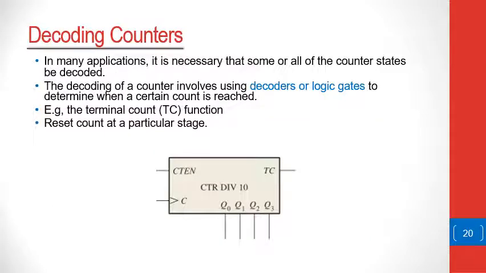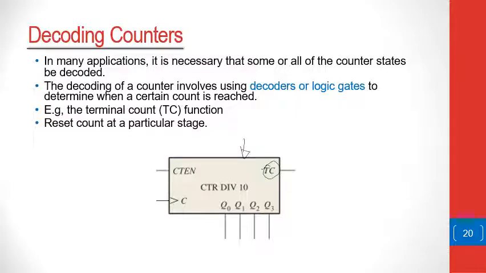So in many applications, it's sometimes necessary to decode some states of a counter. Decoding a counter can be done using a decoder, or it can be done using a logic circuit. A good example of decoding of a counter is the terminal count function, which is given in this counter example.